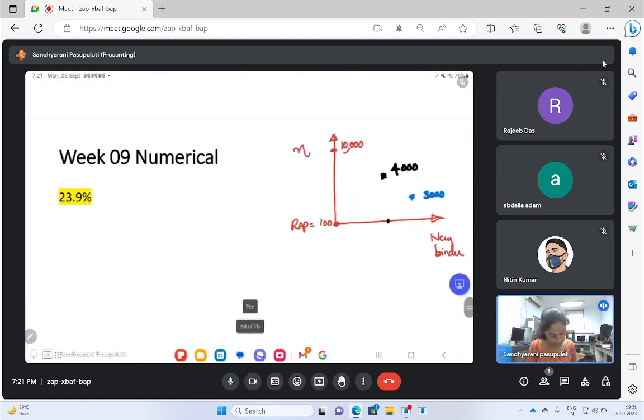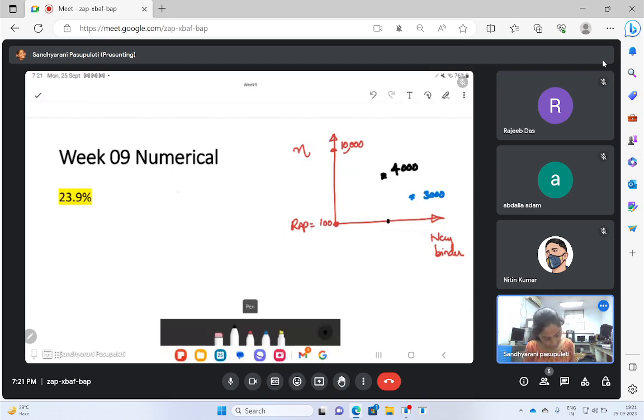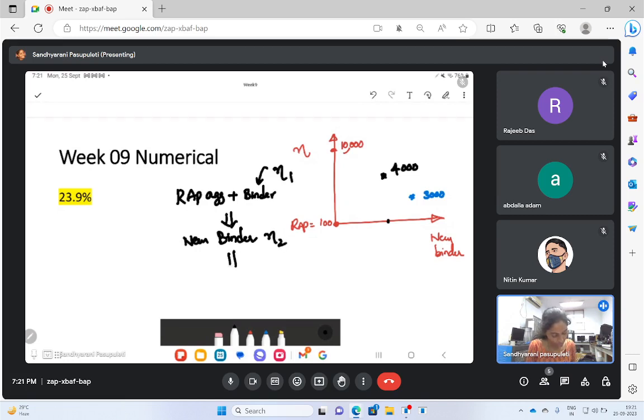Here, what we have to observe is, let us say there is some RAP aggregate. Upon this RAP aggregate there is some binder, and this has some viscosity. To this mixture, RAP having some binder around the aggregate, we are going to add some new binder, which will have another viscosity, let us say eta 2. When these two are mixed, we will get the final RAP mix.